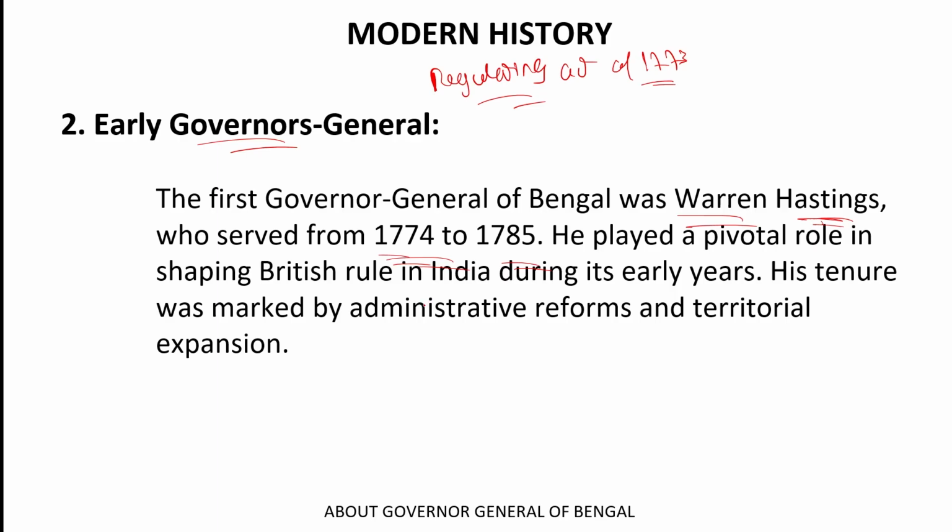His tenure was marked by administrative reforms and territorial expansion. When he was appointed as Governor General of Bengal, he started participation in administration and also expanded the territory. Got it?